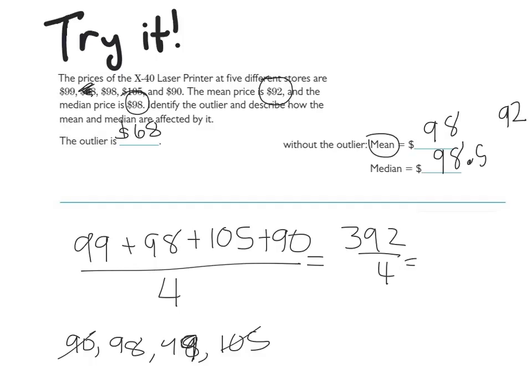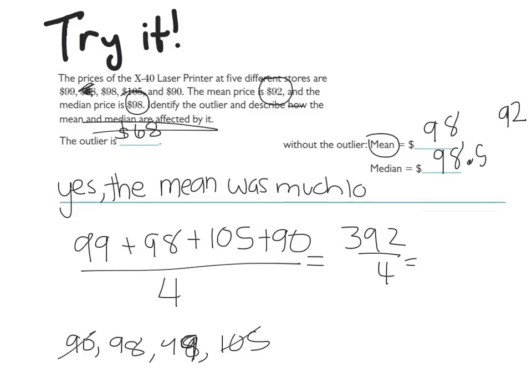So how does the mean and the median, are they affected by it? Yes. The mean was a lot lower with the outlier. When we included that outlier in our data set, it dropped our mean to $92 when it really should have been about 98.